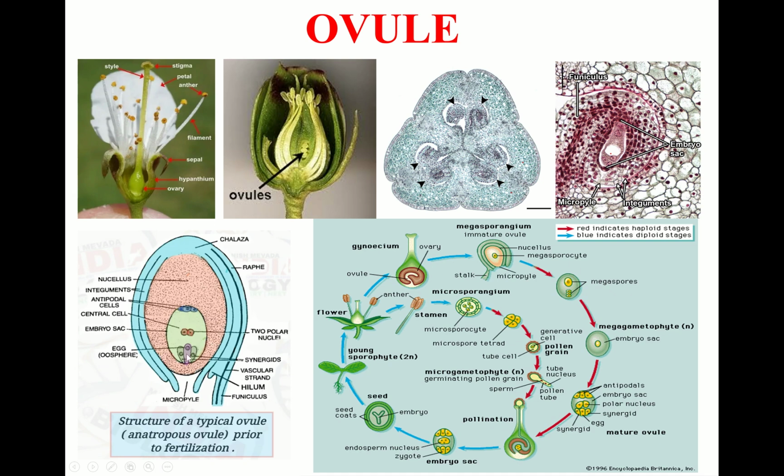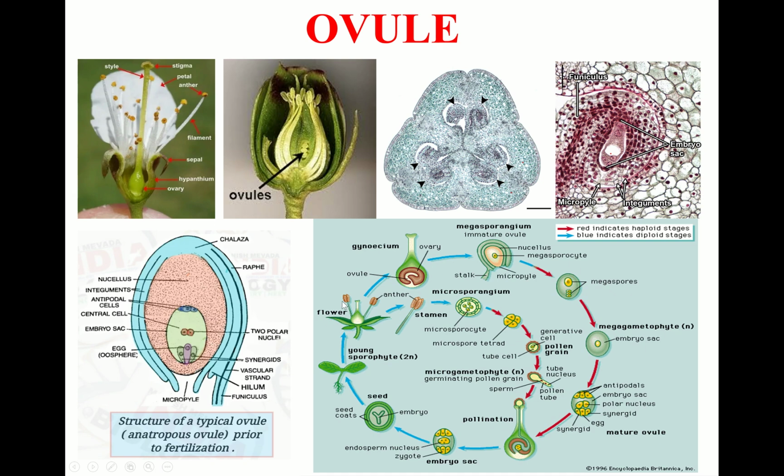This egg cell takes part in the reproduction process. One of the male gametes comes and fuses with the egg cell to form the zygote, and this zygote will develop into an embryo. And from the embryo, you can see the structures called as plumule and radicle. So this is the whole process of reproduction.